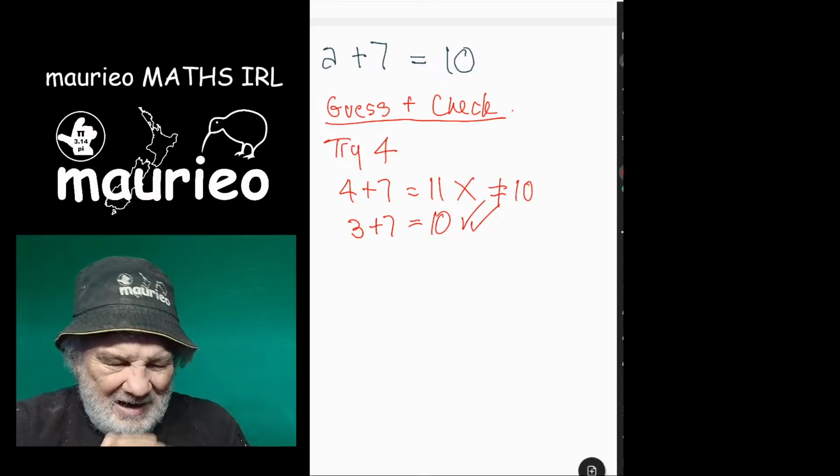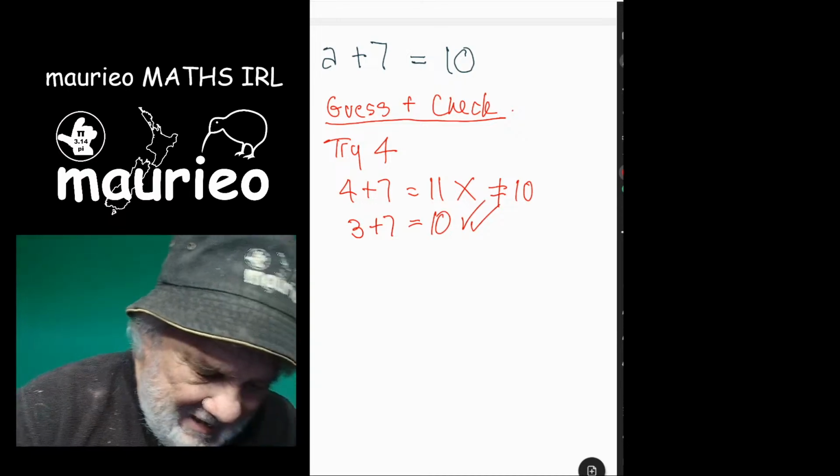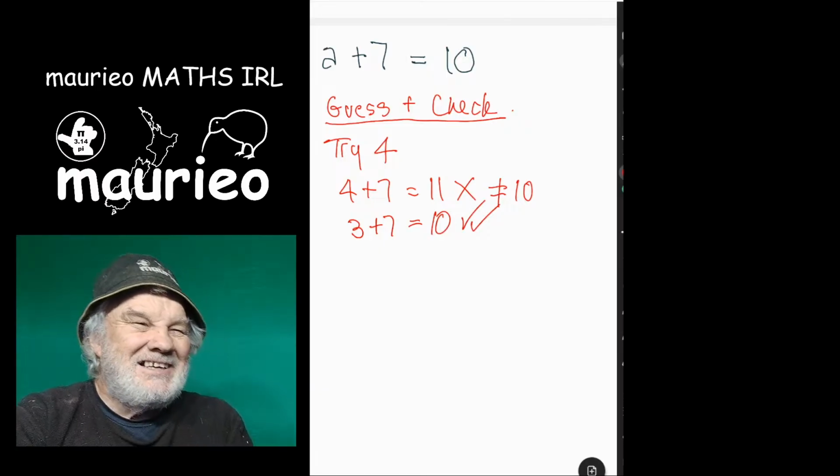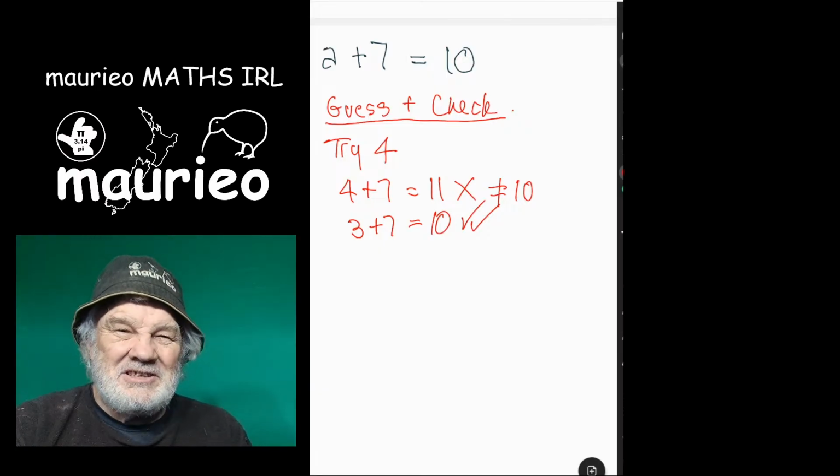You've got a number of birds plus 7 starlings. Oh, it's not a very good example, is it?